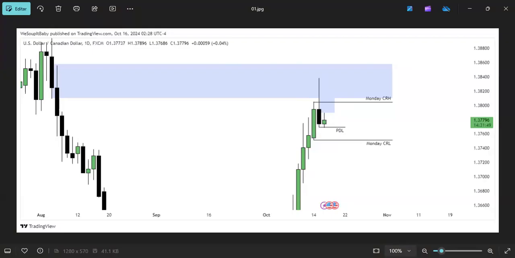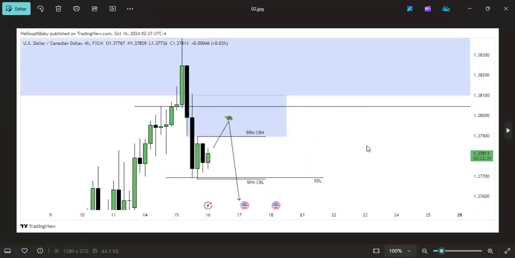Then we switched from daily to the 4 hour time frame. I'll show you the 4 hour time frame here.